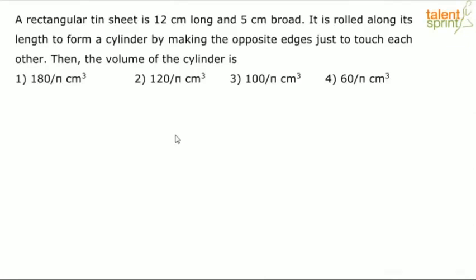All those who are finding the picture to be a little distorted or a little hazy, I would suggest them to enhance the picture quality by clicking the settings icon. Now, where is the settings icon? On the bottom right of your video screen, right? Once you maximize the screen, on the bottom right, you will find a settings icon. You can click that settings icon and enhance the picture quality by increasing the resolution, right?